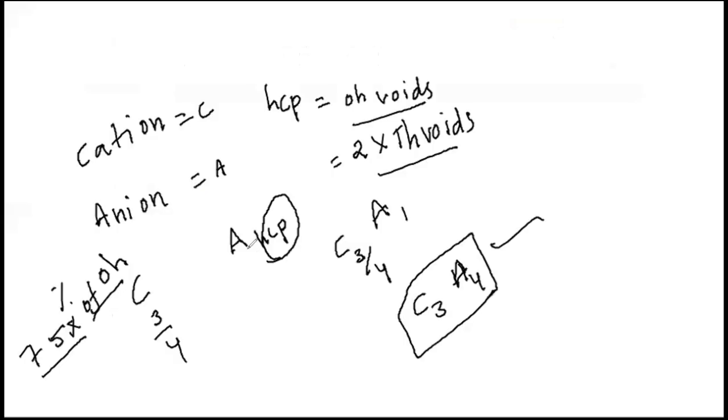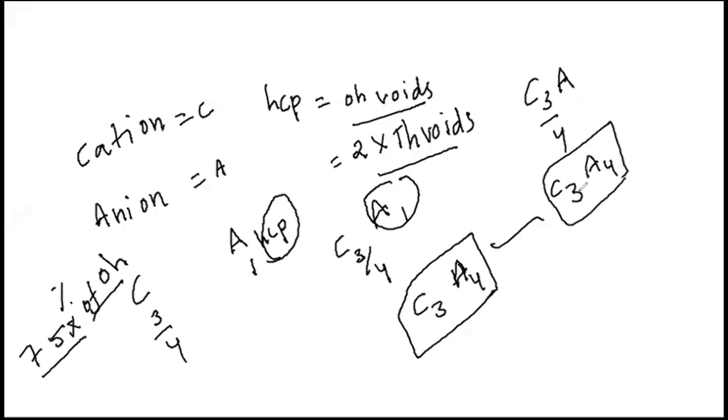For A I am taking 1 only. Now if you combine these two, C 3/4 A means this 4 will come here. Cross multiplication, that only: C3A4. Now come to the next question.